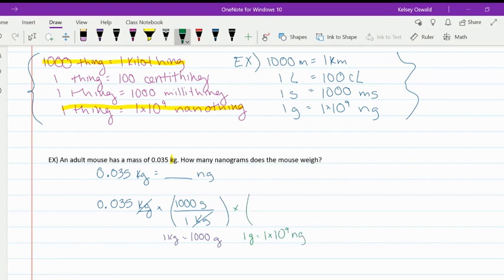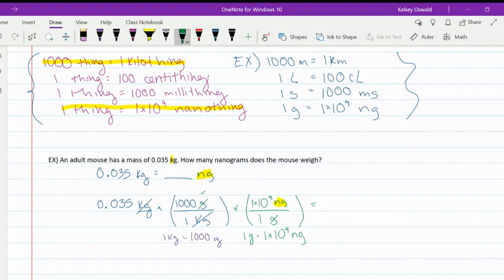Following the same train of thought as earlier, if grams is on top, I need to put it on the bottom of this conversion factor so that they cancel out. So I'm going to write this as for every 1 times 10 to the 9th nanograms, I have 1 gram. Now I have grams on top, grams on bottom, they cancel out. So now we have nanograms, the unit we were looking for, and we know we're done.